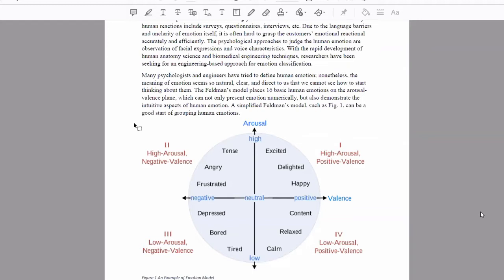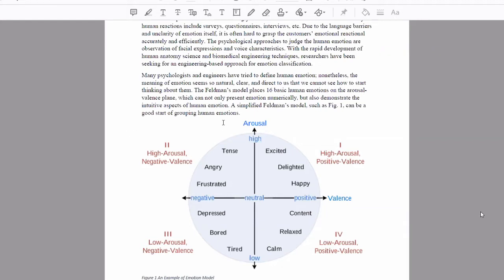Normally, we consider emotions as discrete categories like happy, sad, calm, or depressed. But that way, we can't use our engineering background or mathematical models to do classification. So the first thing we need to do is put these individual emotions into numbers.